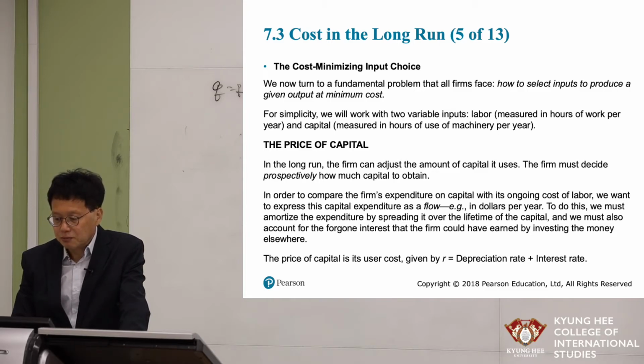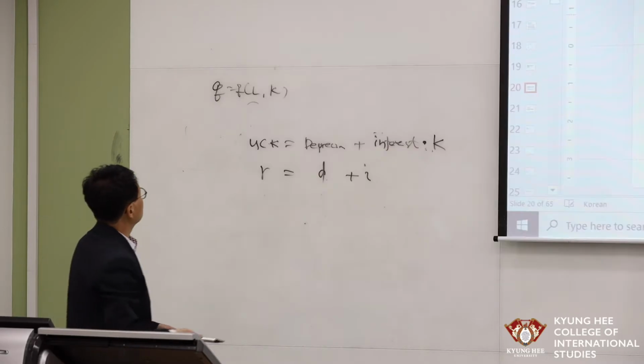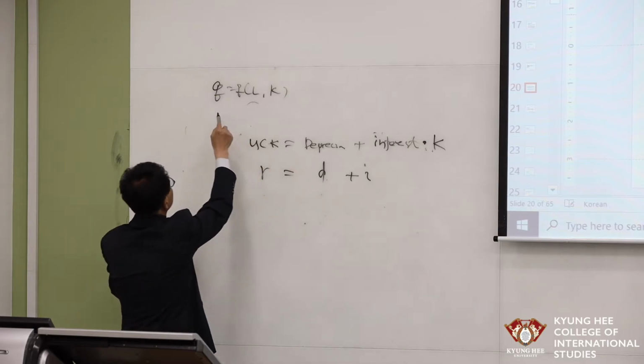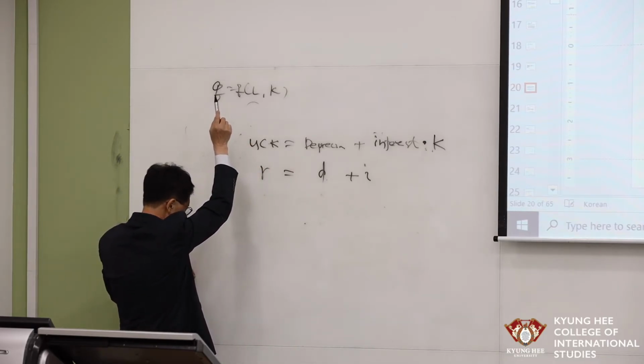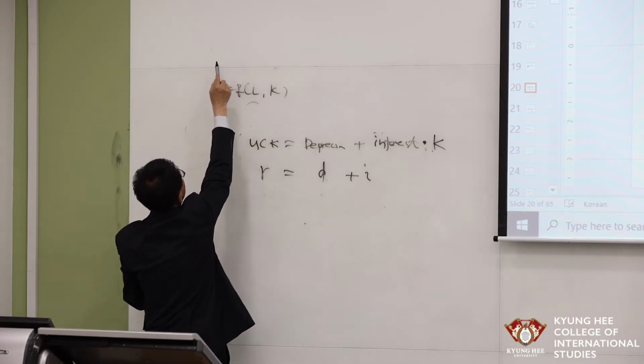Cost minimizing input choice. We now turn to the fundamental problem that all firms face: how to select inputs to produce a given output at minimum cost. For simplicity, we will work with two variable inputs, labor and capital, right? So now think about cost in the two-factor model.